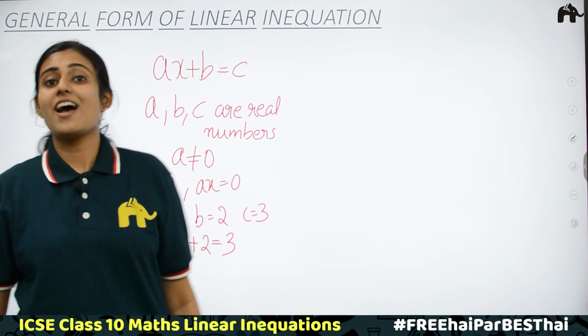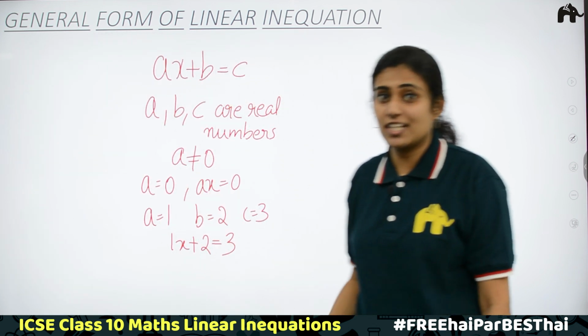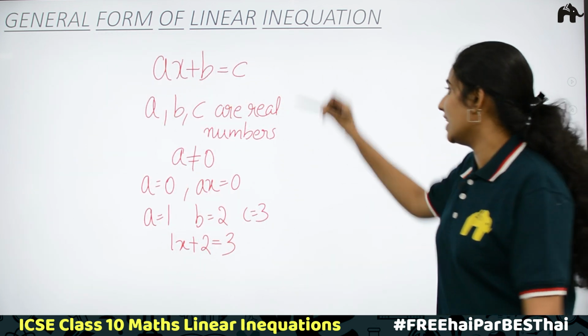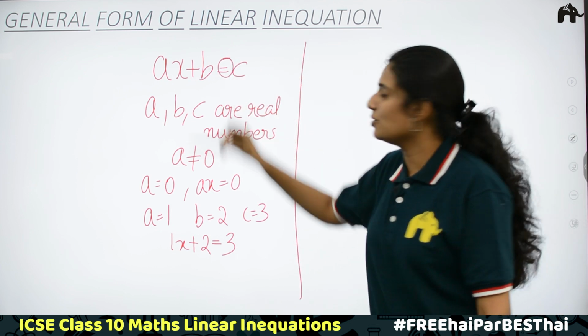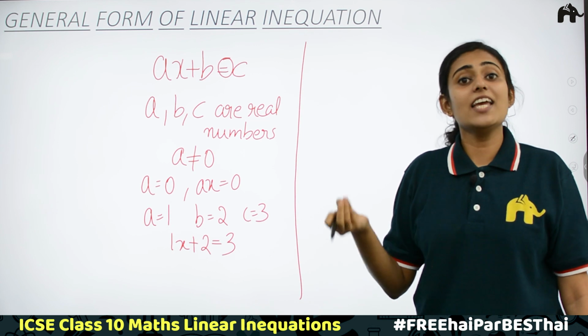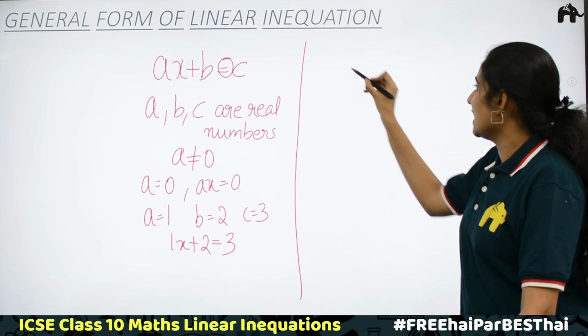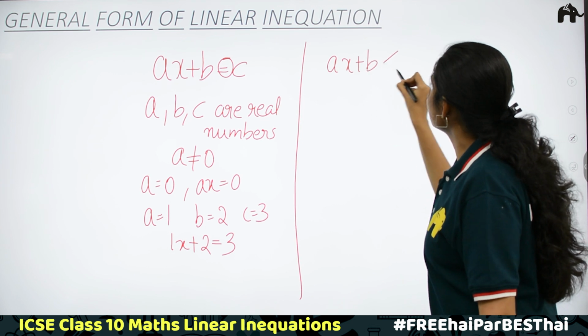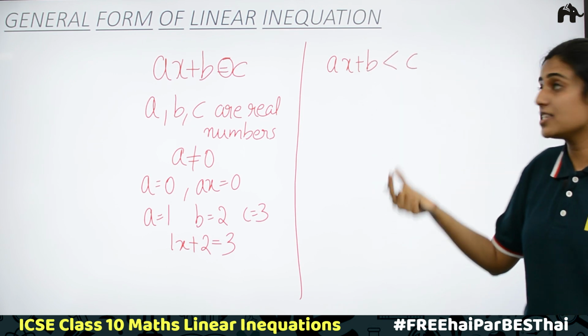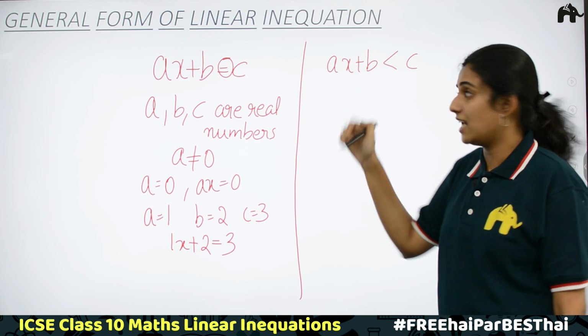Now, how to write a linear inequation? The general form of linear inequation. This is very easy. Just replacing this equal to sign with any of the inequalities. Let's take the first one. ax + b < c. Here I have used the inequality less than.